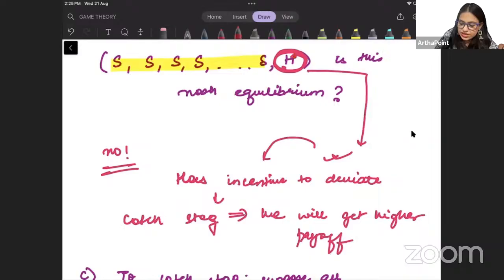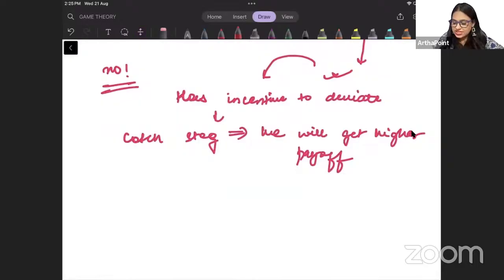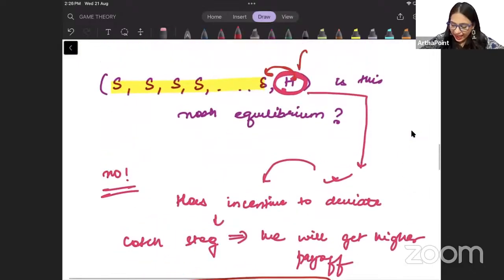So if he deviates to catch a stag, they will get the stag. And as soon as the stag is caught, his utility from stag will be more than his utility from here. Right? So here he has an incentive to deviate. So this is not Nash.